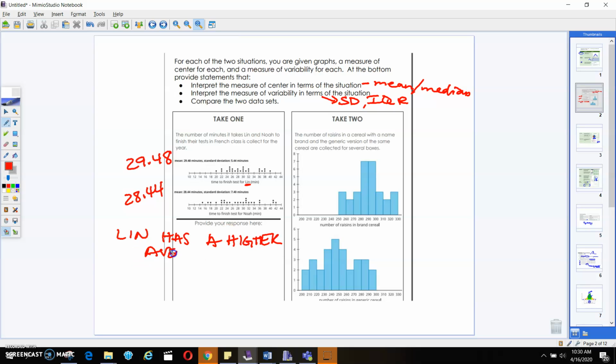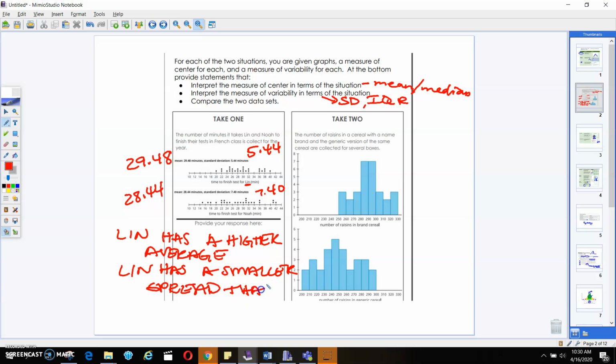Now you can plug this into your calculator and calculate it, but it's already done for you right here. For standard deviation, this one has 5.44 minutes, and this one right here has 7.40. So that means that Lynn has a smaller spread, or standard deviation, whichever one you want to use, than Noah.